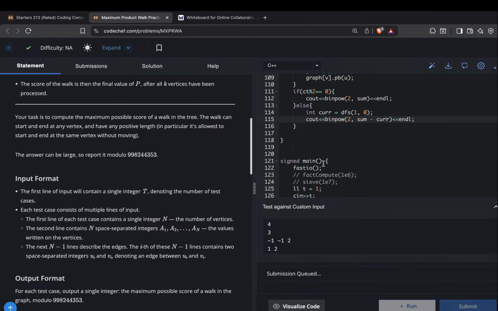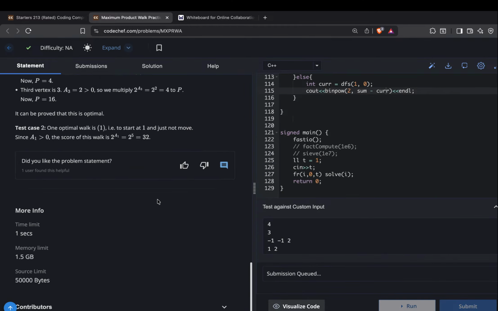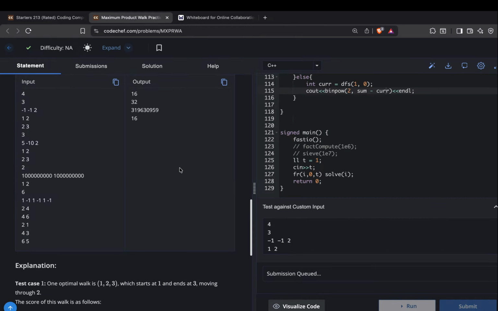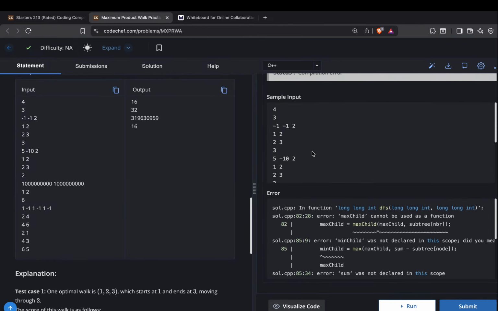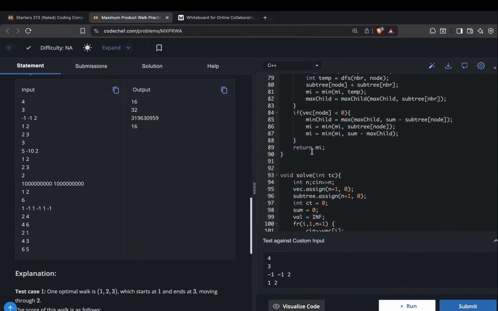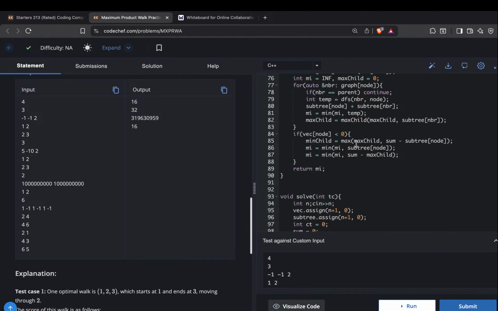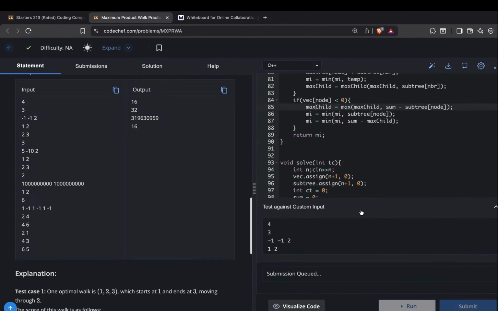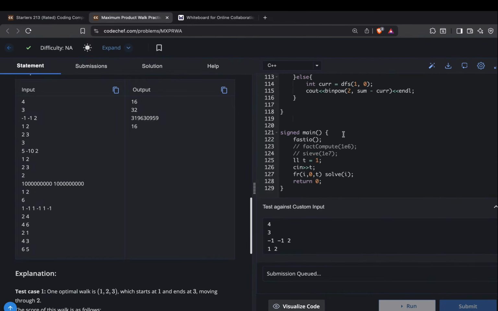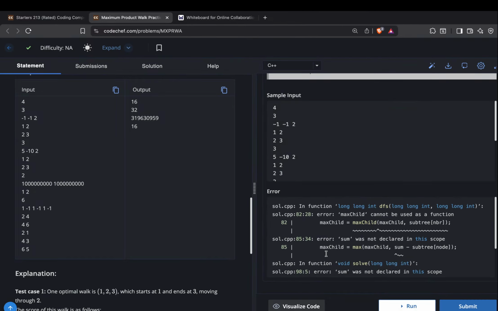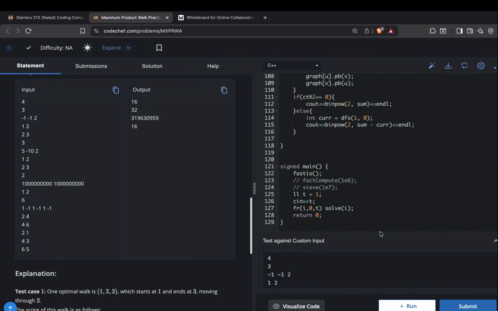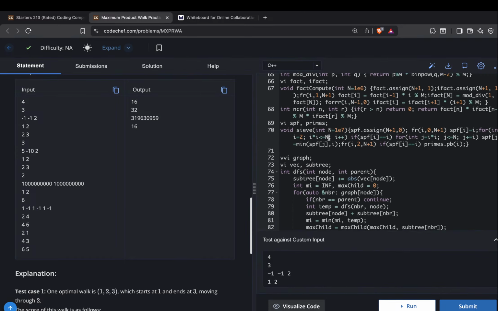So run the code. Okay, we wrote min child somewhere by mistake. Sum was not declared.